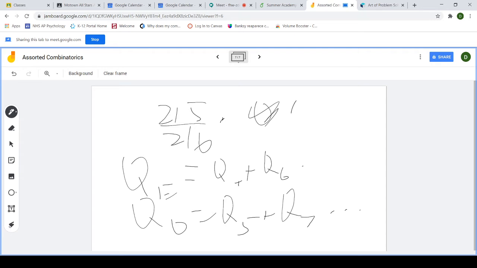The probability that Q6 happens is the probability that she does not roll 1, 2, 3 in the first 3 dice, and then she rolls 1, 2, 3, right? That's the probability she rolls 6 times total, where she rolls 1, 2, 3 for the 4th, 5th, and 6th dice, and her first 3 is not 1, 2, 3.